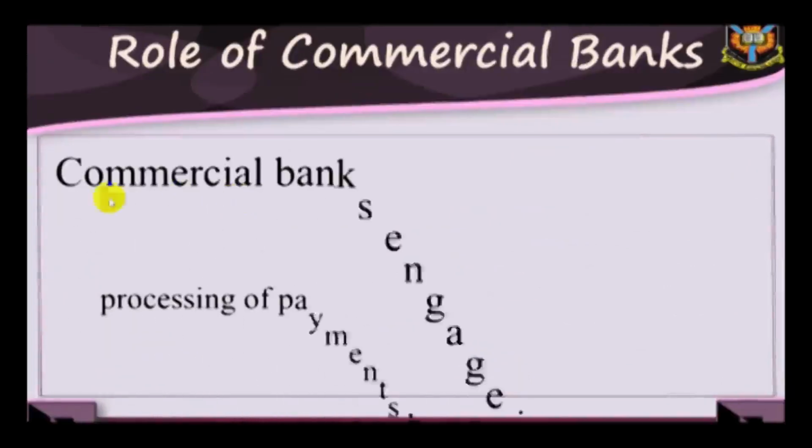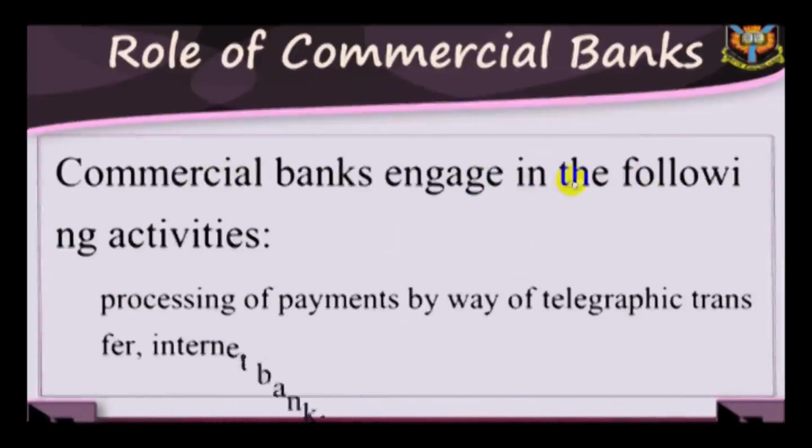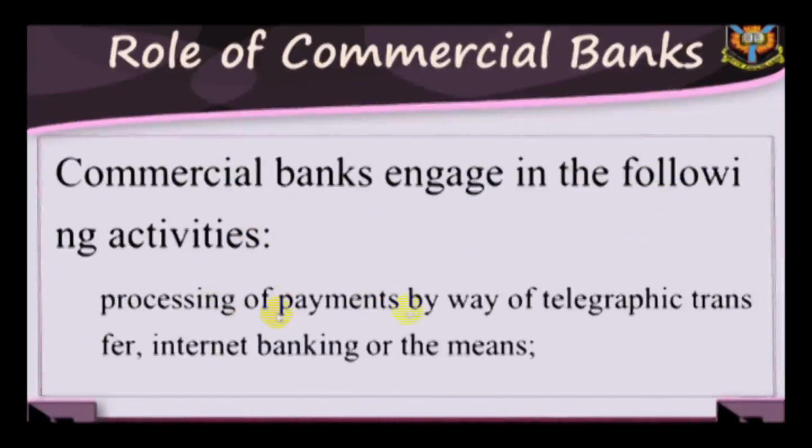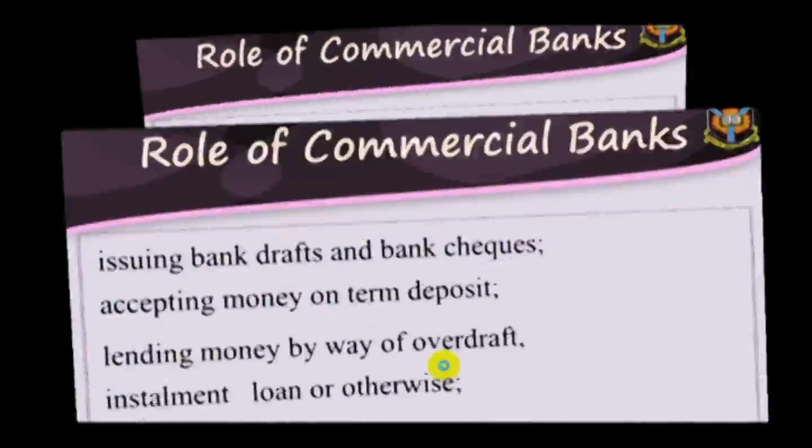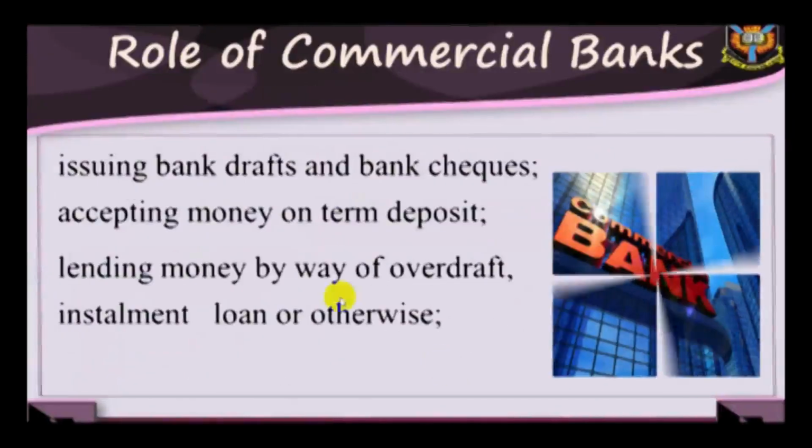Roles of commercial banks. Commercial banks engage in the following activities. 1. Processing of payment by way of telegraphic transfer, internet banking, or other means. 2. Issuing bank drafts and bank checks. 3. Accepting money on term deposit. 4. Lending money by way of overdraft, installment loan or otherwise. 5.